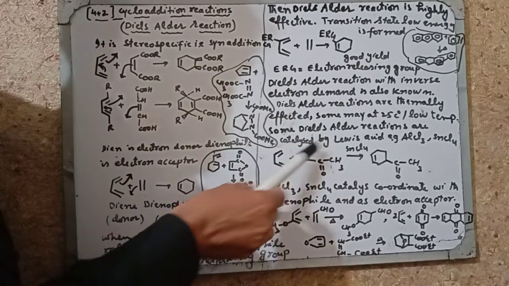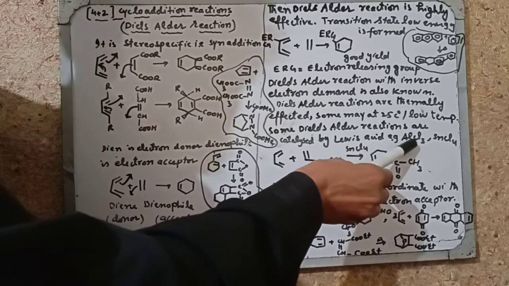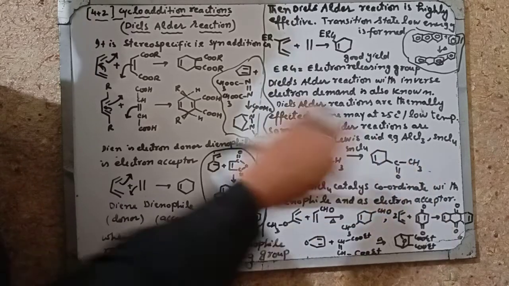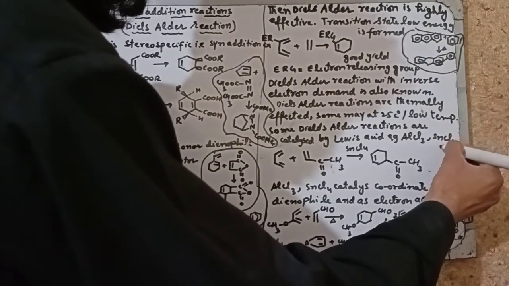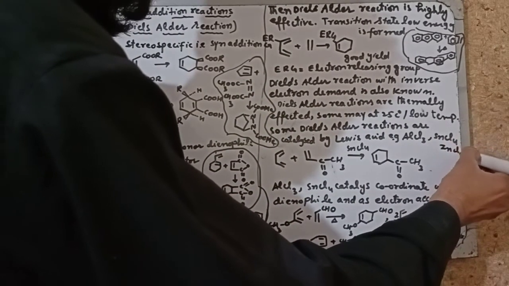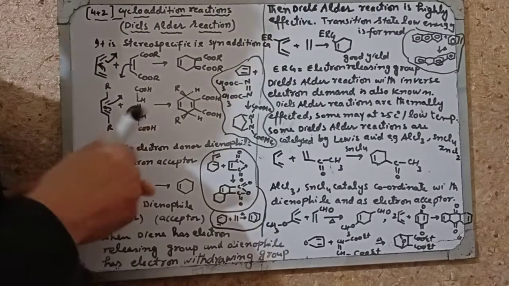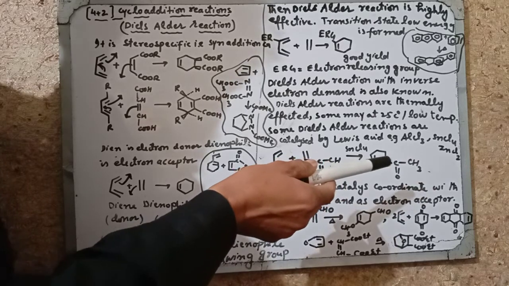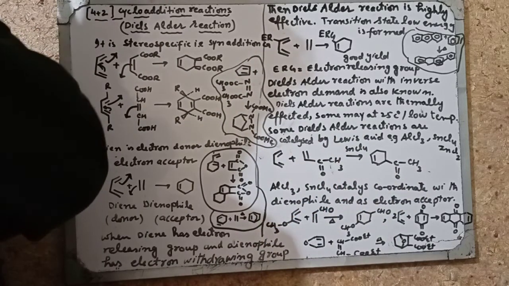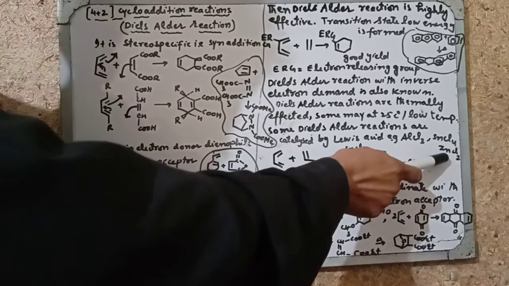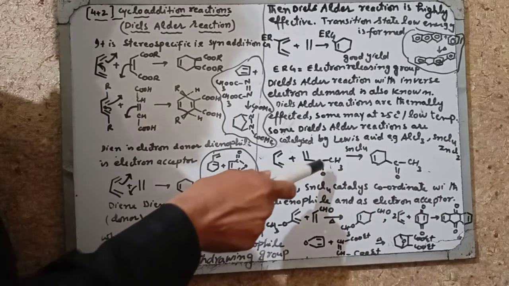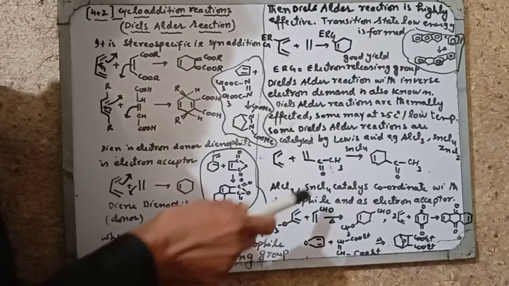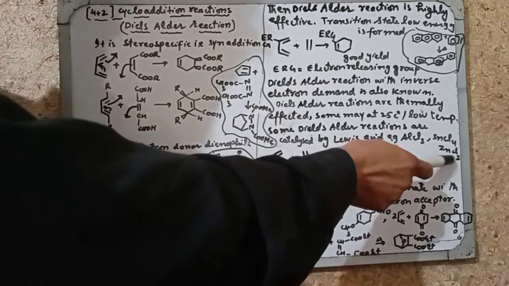Some Diels-Alder reactions are catalyzed by Lewis acids: AlCl3, SnCl4, ZnCl2, etc. These catalysts attach in the transition state with the dienophile and act as the electron withdrawing group because they are electron deficient.